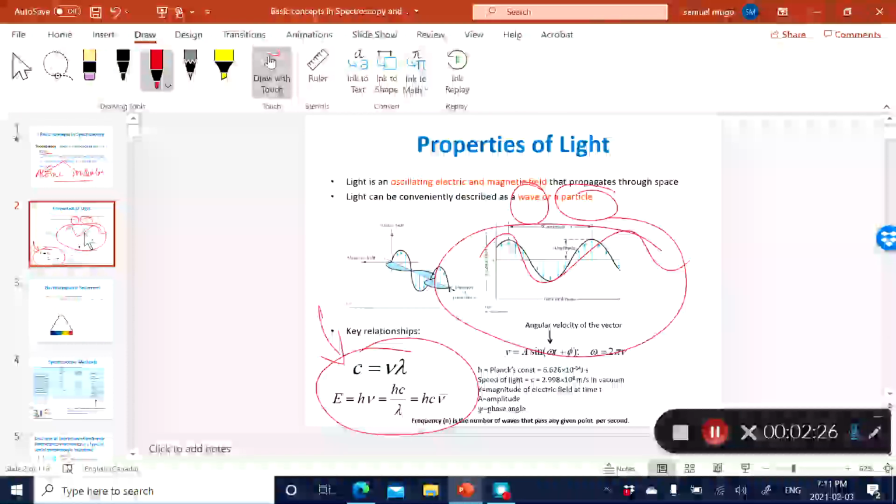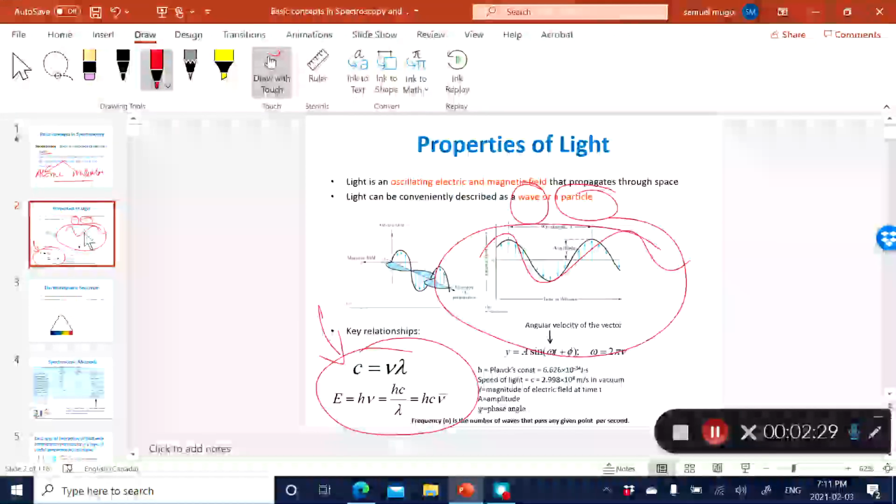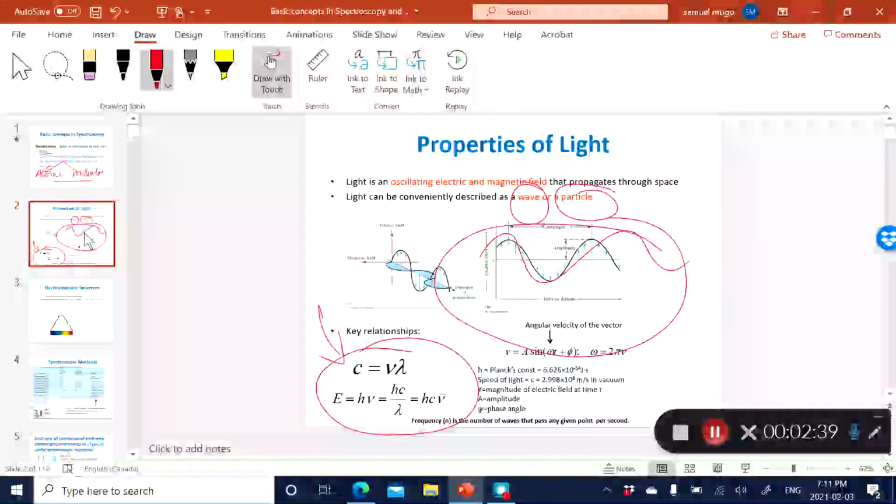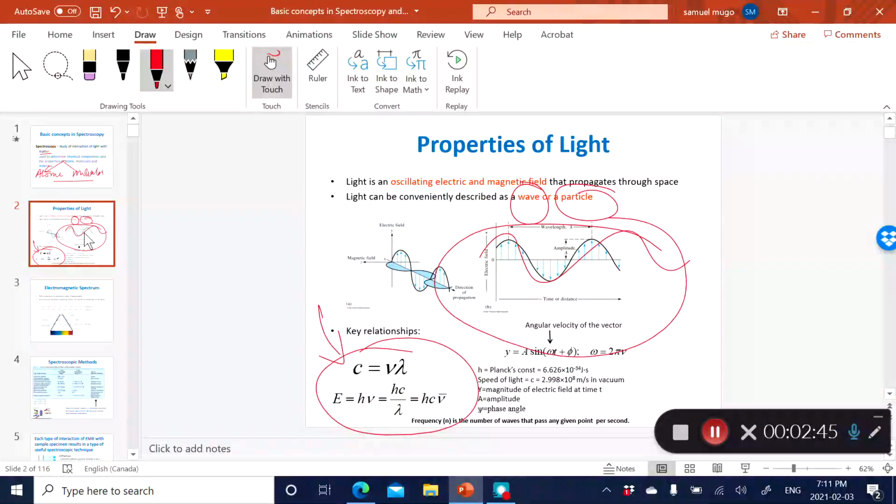So think of it both as a quantum, or rather a photon, a particle, but also that particle is propagating in the form of a wave, and as such you can determine its wavelength or frequency. It's important to remember that the energy is proportional to the frequency, and the frequency can be calculated by taking the velocity of light divided by the wavelength.